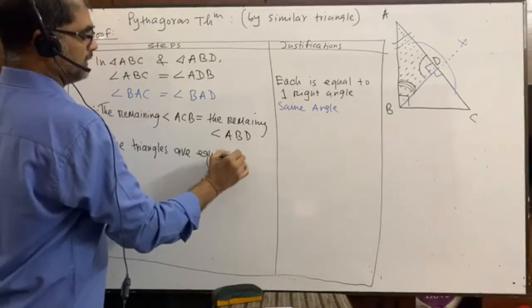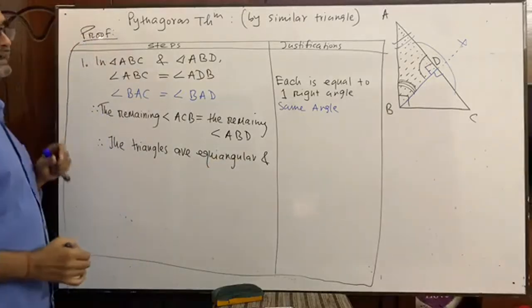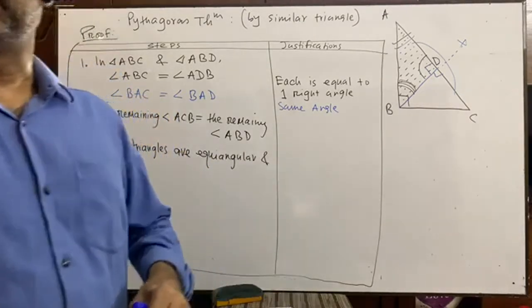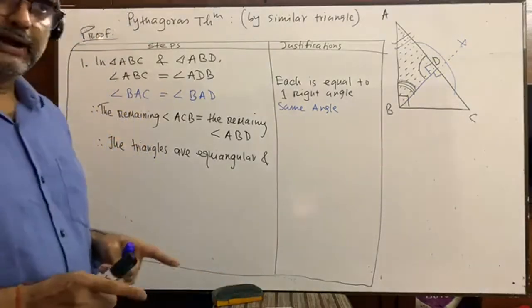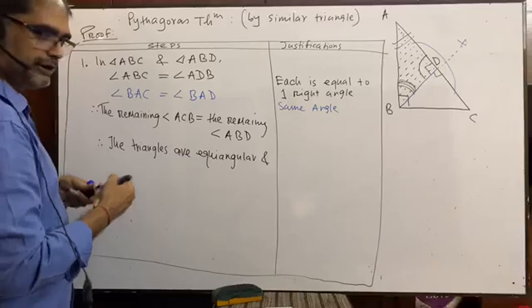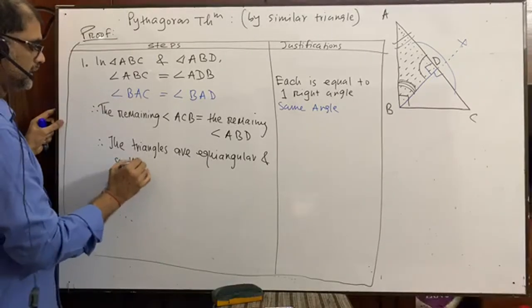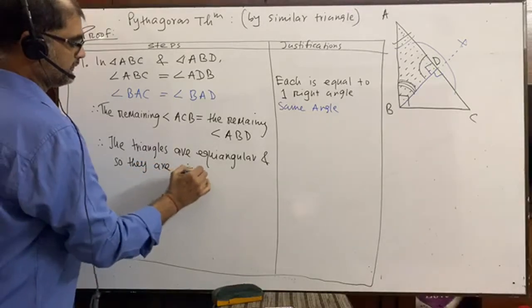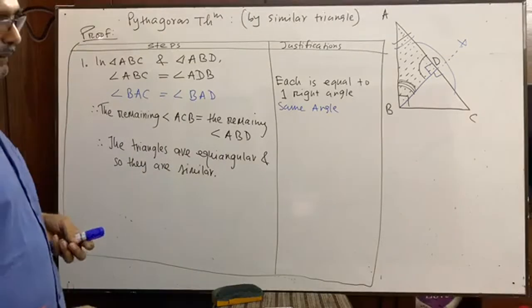And if two triangles are equiangular, they are similar. So you can write down, so they are similar.